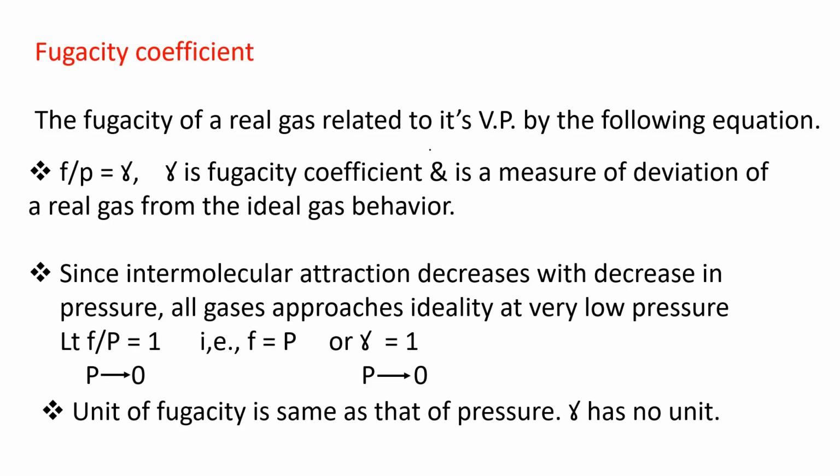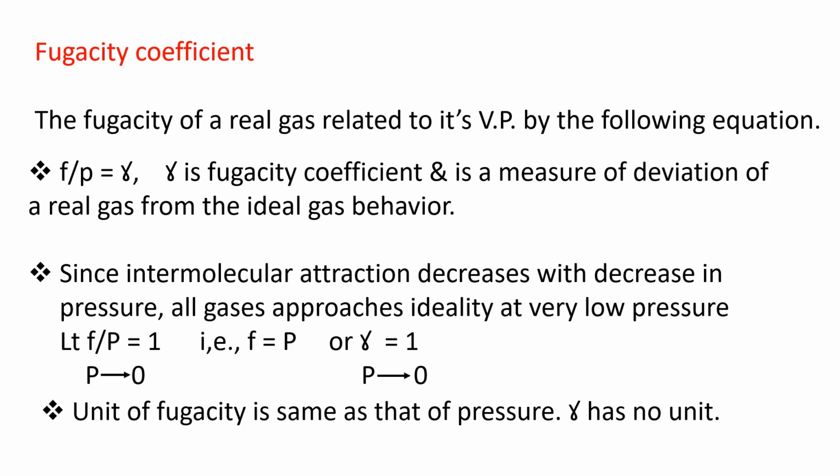Fugacity of a real gas is related to its pressure by the following equation. F by P, this ratio is denoted by gamma, and gamma is the fugacity coefficient, which is the measure of deviation of real gas from ideal behavior. Okay. And we know that at very low pressure, that is, pressure tends to zero, intermolecular attraction between the gas molecules decreases.